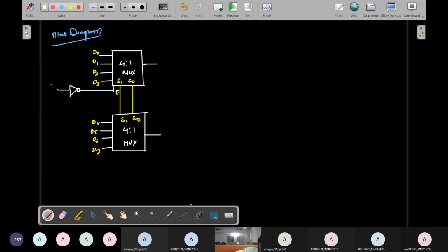So this is S2, and simply consider this is the terminal S1, and this is the terminal S0. So this is S0 terminal and this is S1 terminal. Understand? Now I consider another terminal starting from here to see easily.